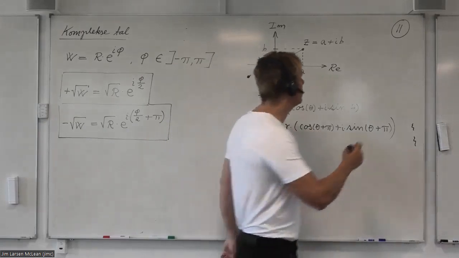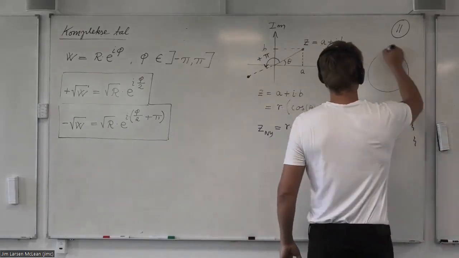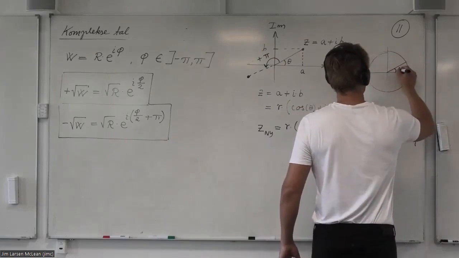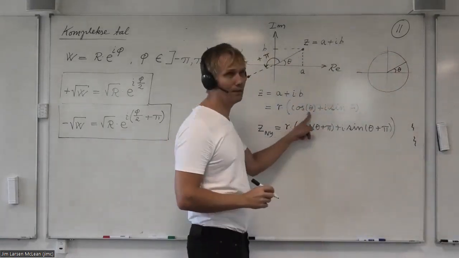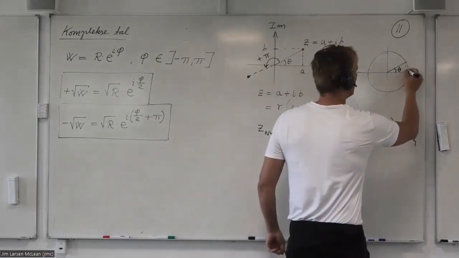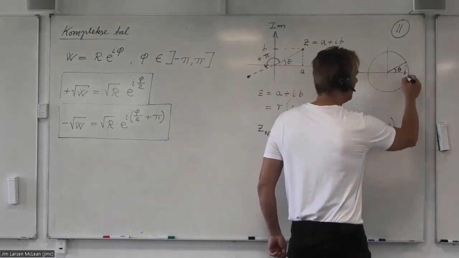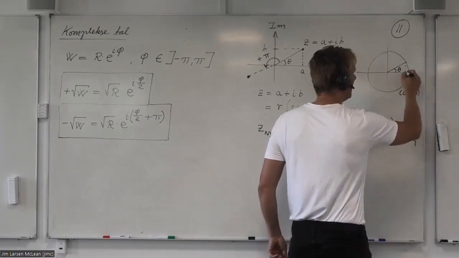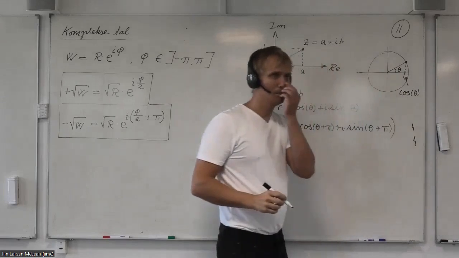Let's think about that by drawing some unit circles. So if we have the unit circle here, and here I have the angle theta. So where's the cosine of theta located? Oh, right. It's right there. So this right here is the cosine of theta. You remember this from high school, right? So this is the x coordinate of a point on the unit circle, right?